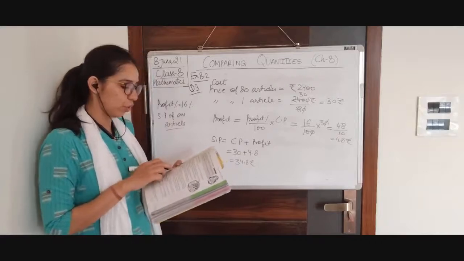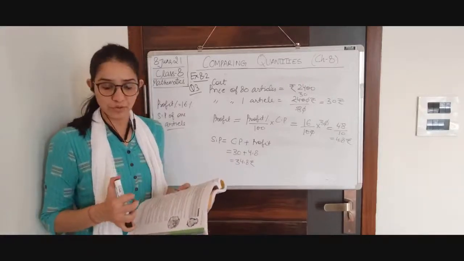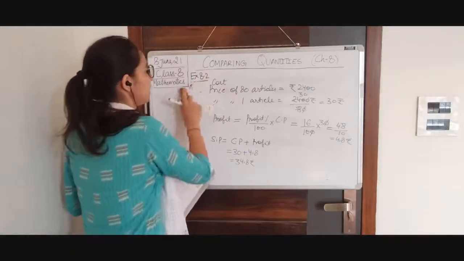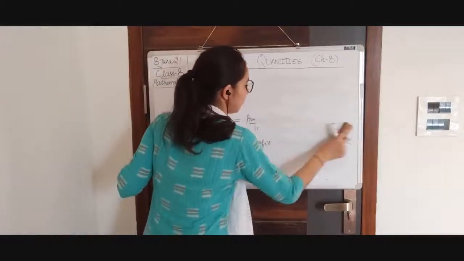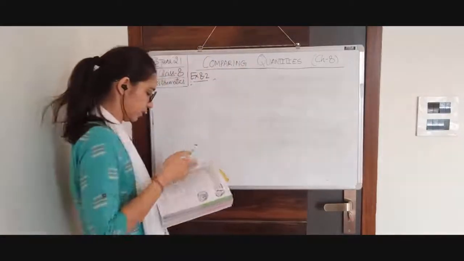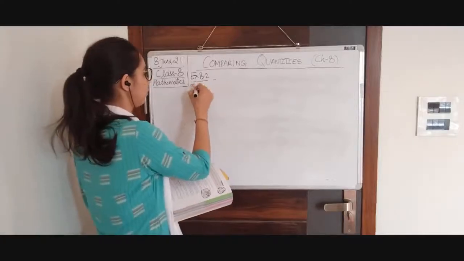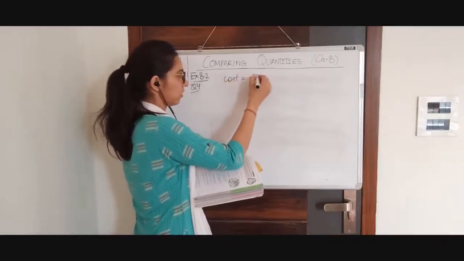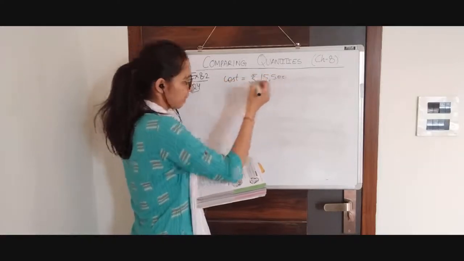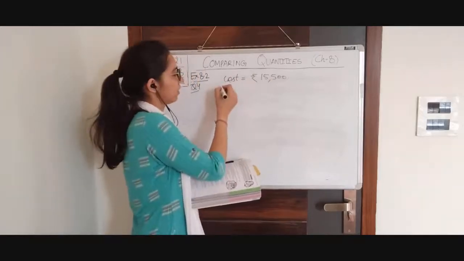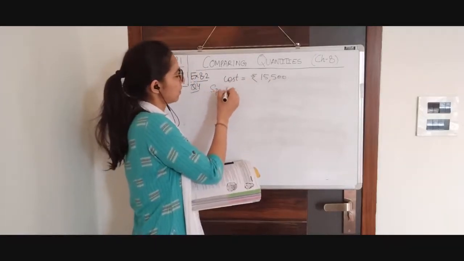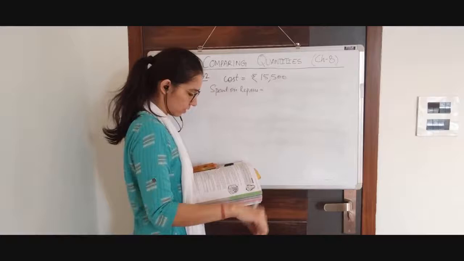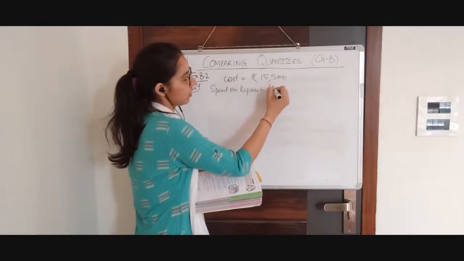Question number 4. The cost of article is 15,500. Cost price given. Cost is 15,500 and rupees spent on repairs is 450.